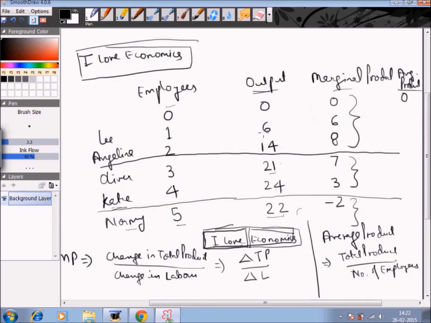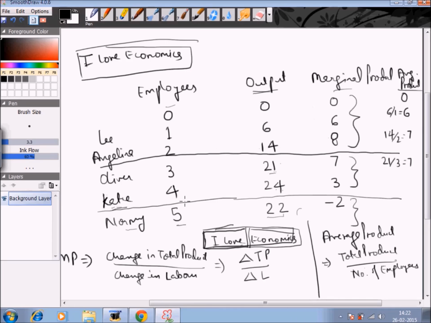In the second case, the total output was 6 and the number of employees was 1, so 6 divided by 1 will be 6. In the third case, it was 14 divided by 2, that is 7. In the fourth case, it is 21 divided by 3, that is 7.